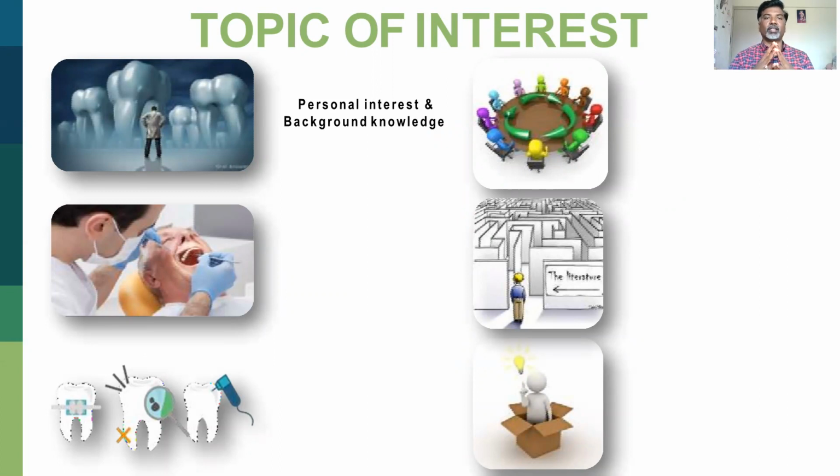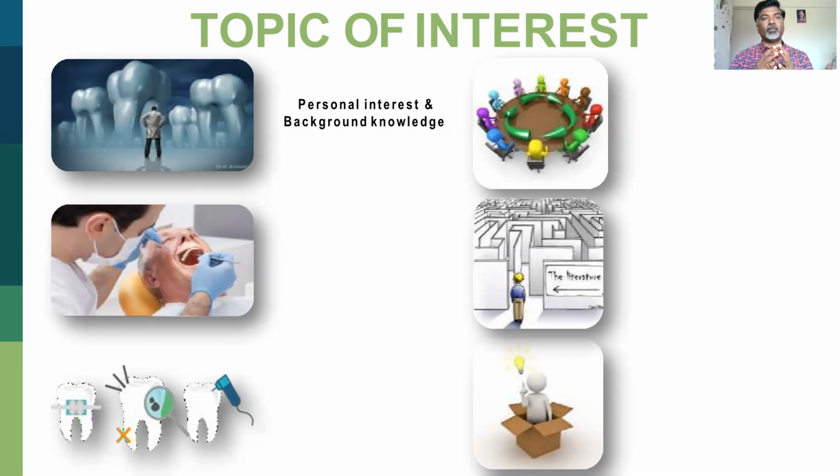The first thing you have to take into consideration is personal interest and background knowledge. Means, whether the research topic we are selecting is of your interest, or somebody else has forced you to complete the particular research. That matters a lot in doing the research. Also, you have to select a subject of which you have some background knowledge.